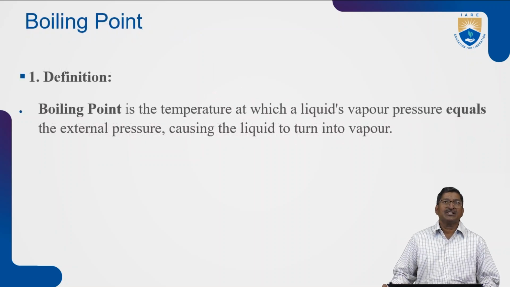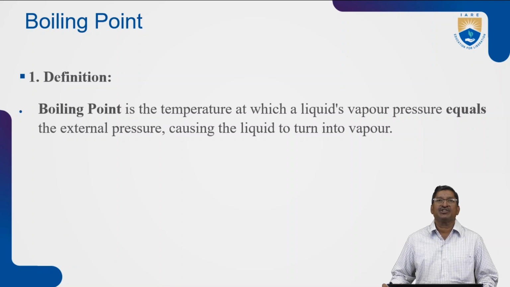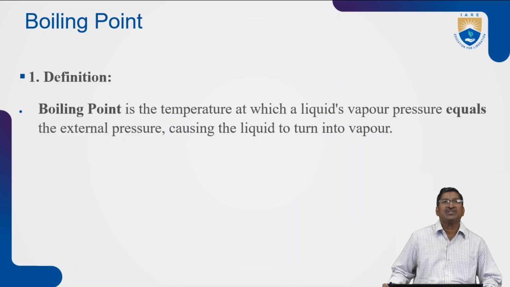So today our topic is boiling point. What is the definition of boiling point? It is the temperature at which the liquid's vapor pressure equals the external pressure, causing the liquid to turn into a vapor.